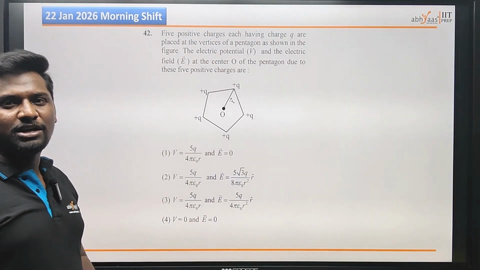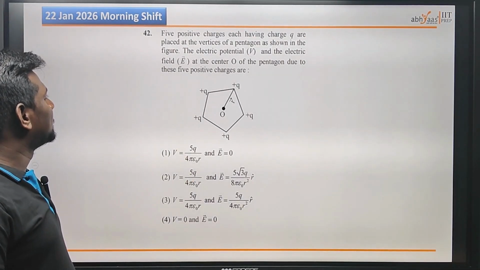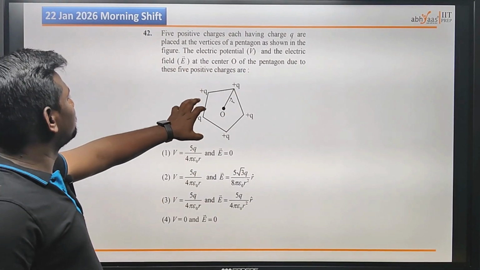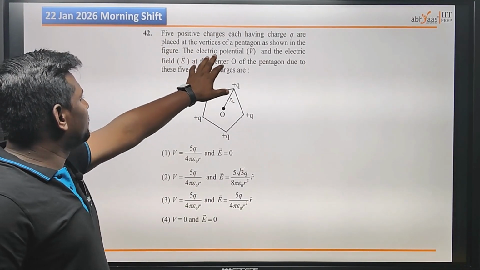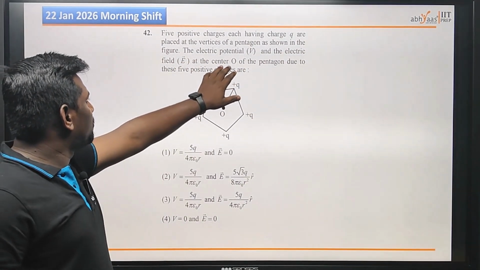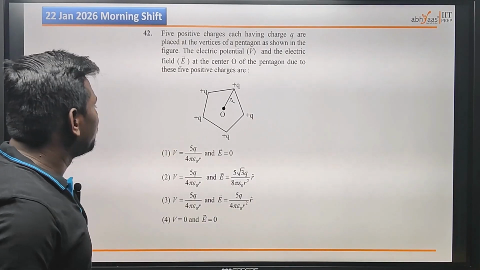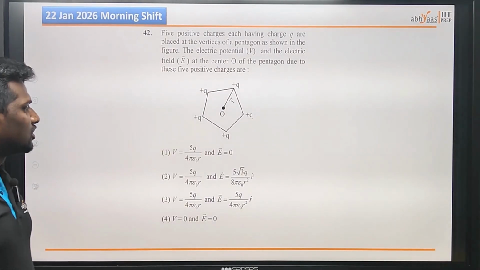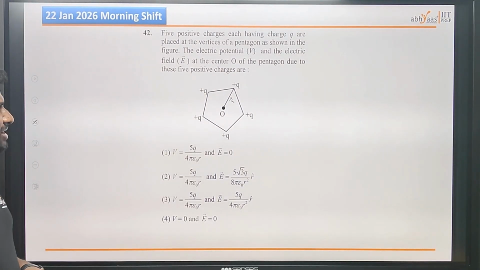Which is from electrostatics, based on the potential and the electric field. They have given charges Q placed at the vertices of a pentagon as shown in the figure. The potential and electric field at the center of the pentagon due to the 5 charges. So for a regular polygon, what is that one?